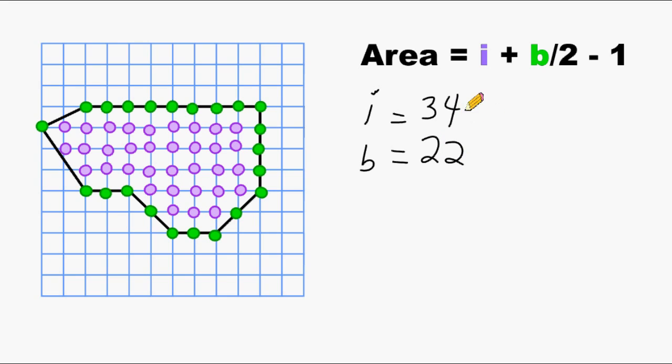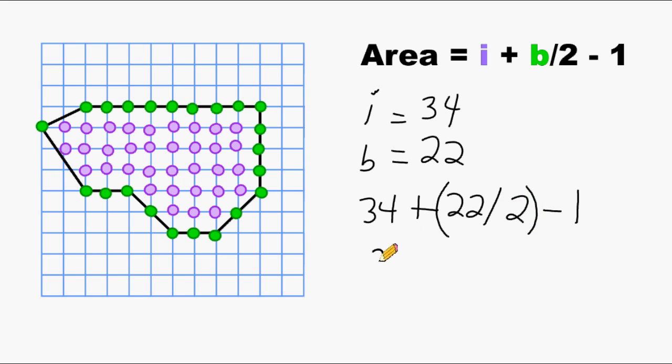Now that we have our two values, let's plug them into our equation. First, let's substitute I with 34. Then we bring down our plus sign and substitute B with 22, divide that by 2, and then subtract 1. Remember, you have to follow the order of operations, so we do the division before we add or subtract.